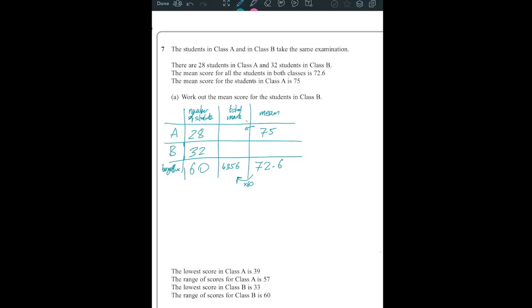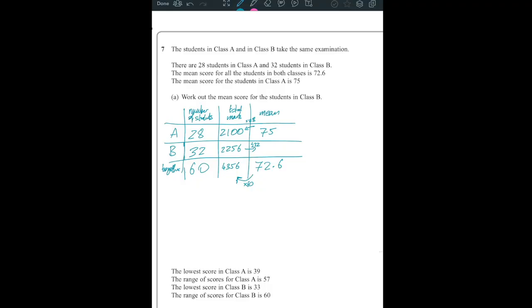We can go back here by times it by 28. So class A scored 2,100 of those marks. So class B, if I do a subtraction there, scored 2,256.